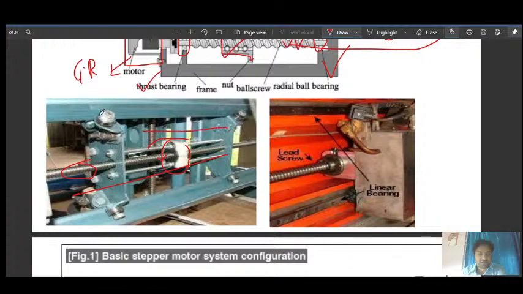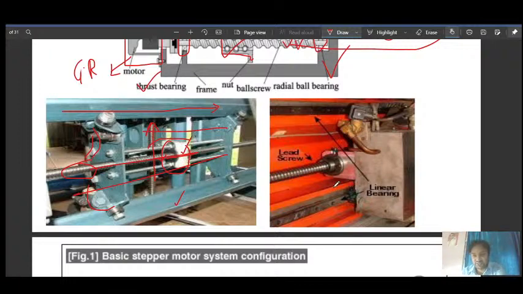On that we have this thick guideways, right? And this table mounting is also on guideways, you can see the lead screw, and this one is the vertical movement, and here we have the ball screw.